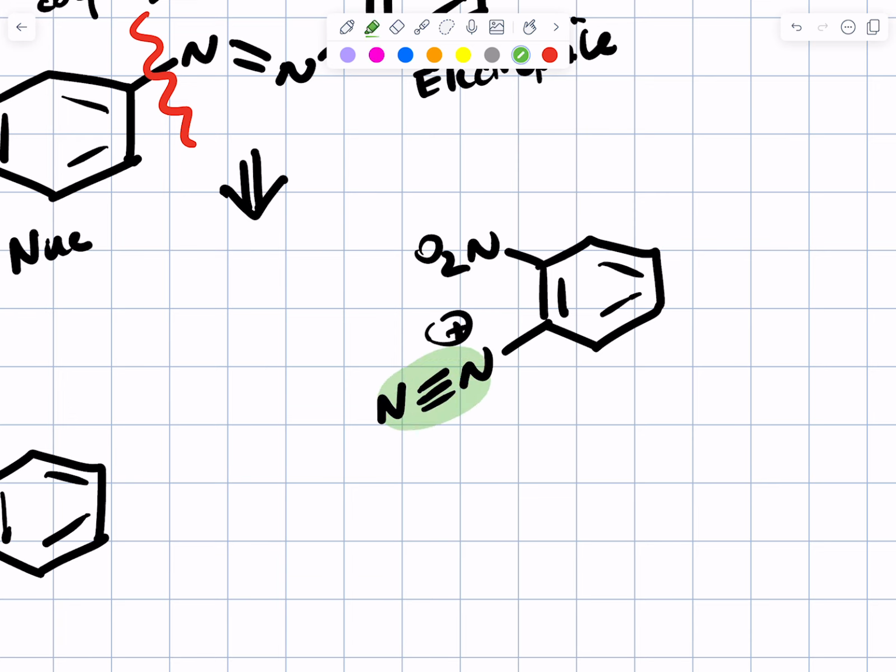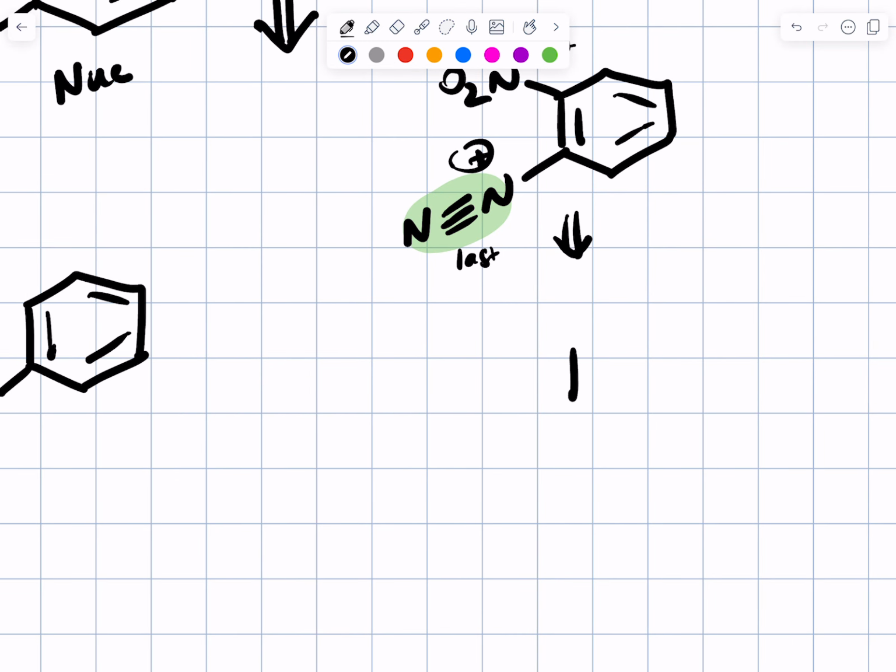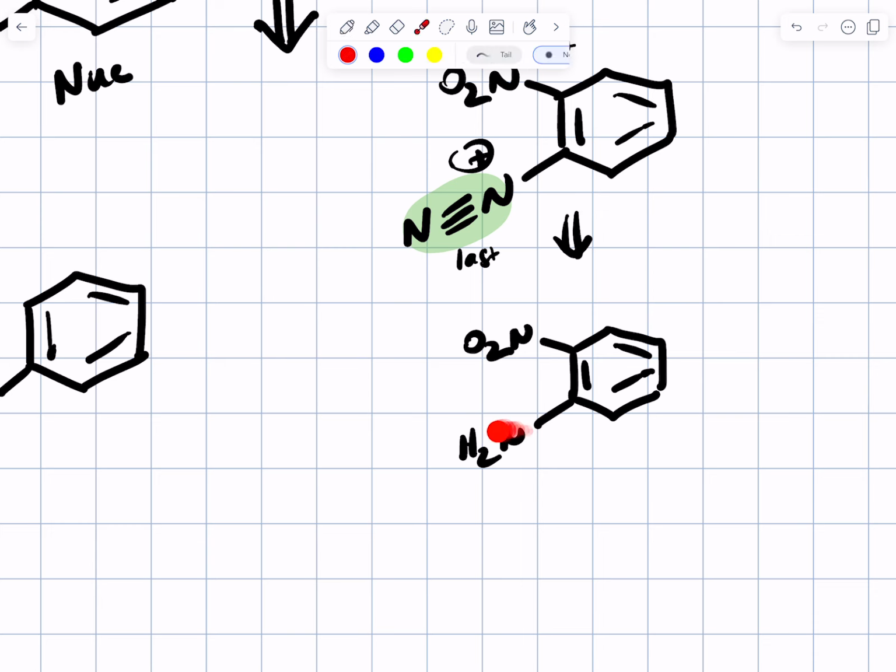Installing that super good leaving group needs to be the last thing I do. So probably thinking backwards, okay, the diazotization begins with this, right? I'm going to use sodium nitrite and HCl to convert the aniline into the diazonium group.